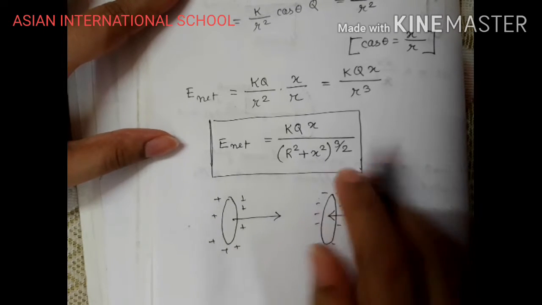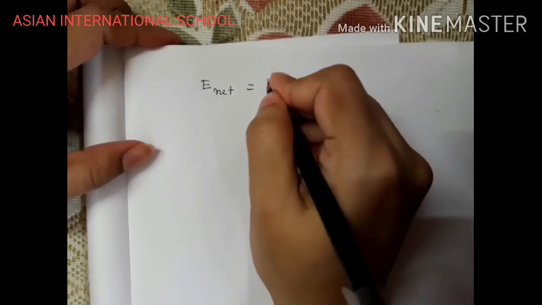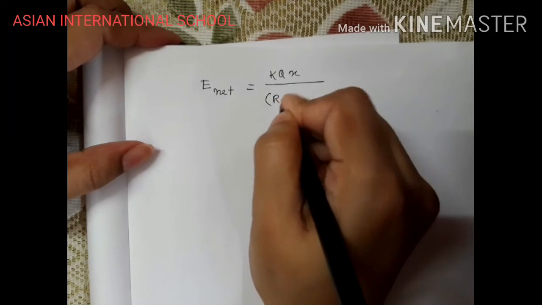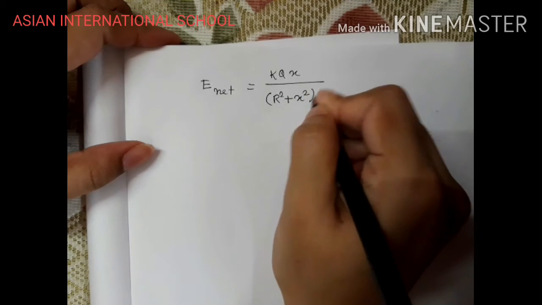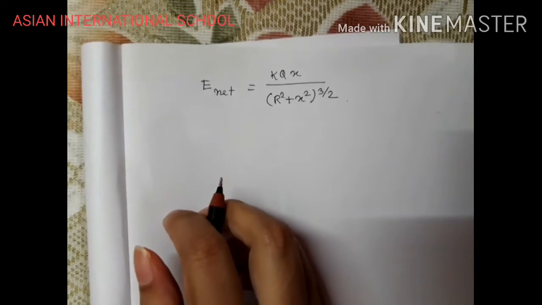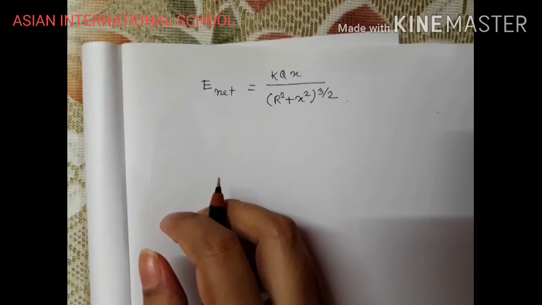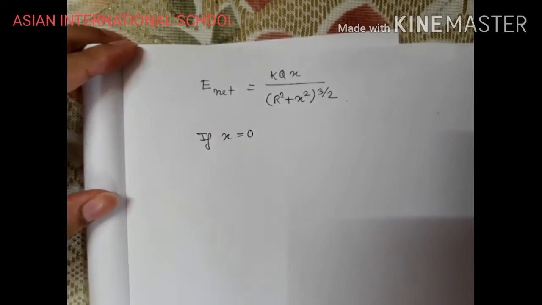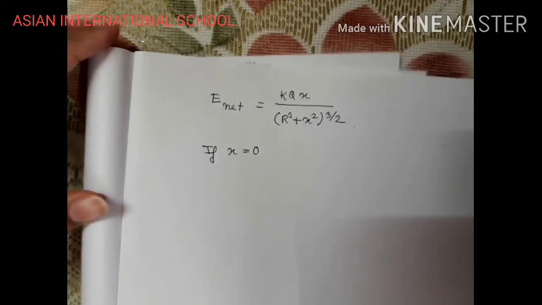Now let us see a few conditions. I am getting E net as k q x by r square plus x square to the power 3 by 2. So if x is 0, what do you mean by x is 0?